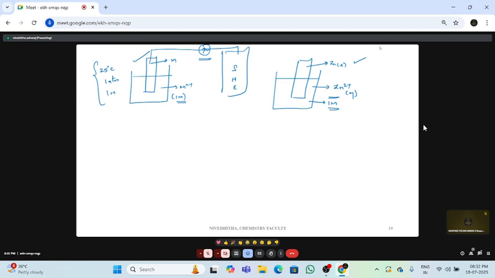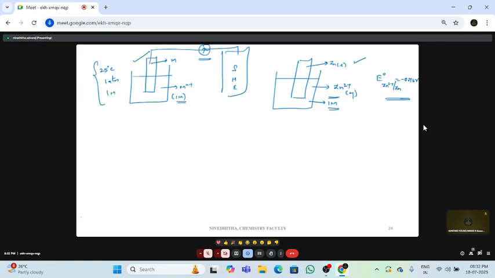So from the tabular column, we can find the electrode potential of zinc. The reduction potential of zinc is minus 0.76 volt. This is the standard value. We need not memorize this. From the tabular column, we know if you dip the zinc metal in zinc sulfate solution of 1 molarity, then the value will be minus 0.76.